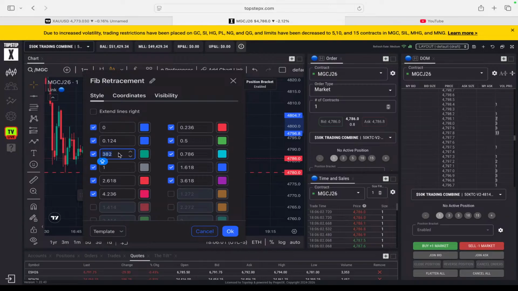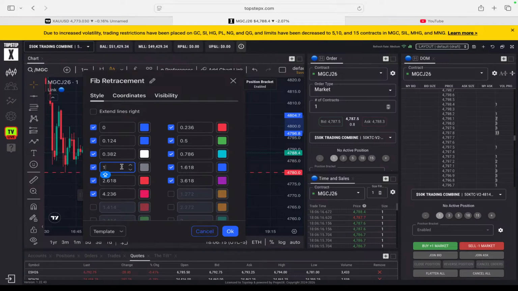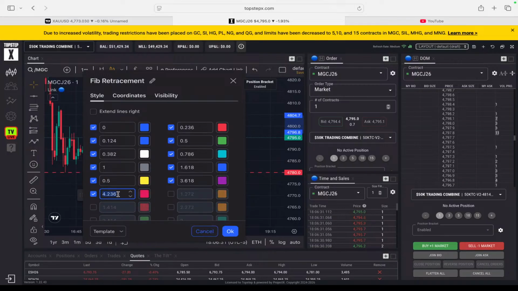How do I make it a point? 0.5. 0.5. 6.8.